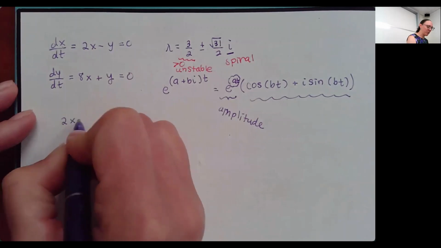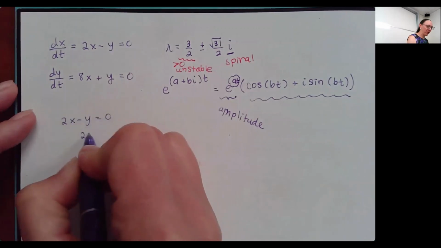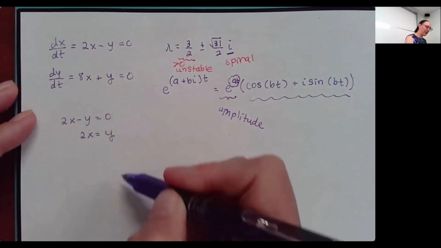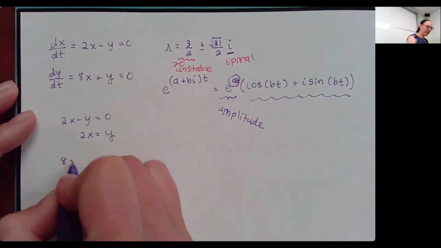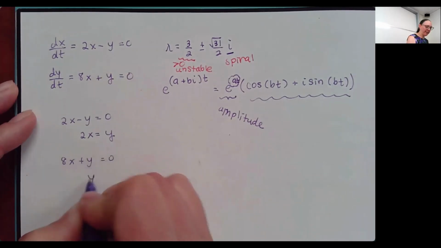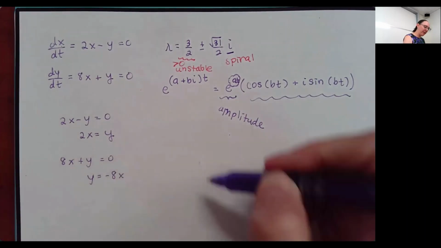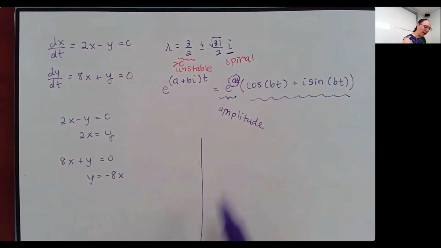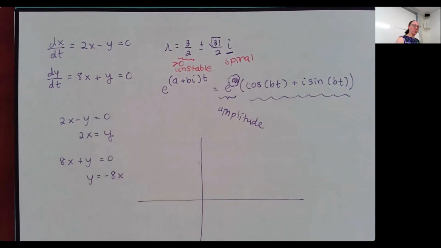So if 2x minus y is equal to 0, then I know I'm looking at y equals 2x. And if 8x plus y is equal to 0, then y is negative 8x. So I'm going to go ahead and sketch those null lines.